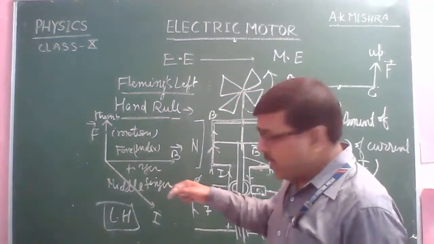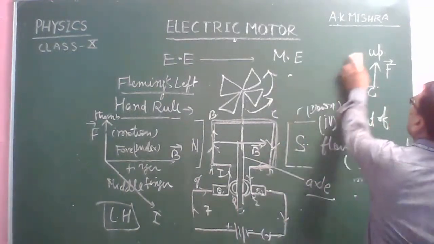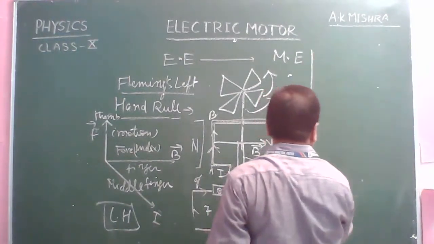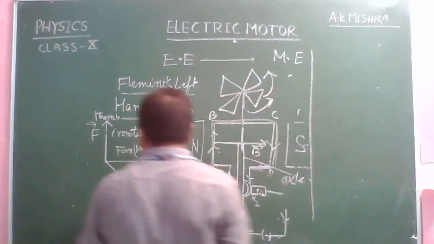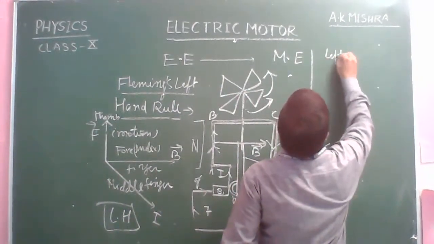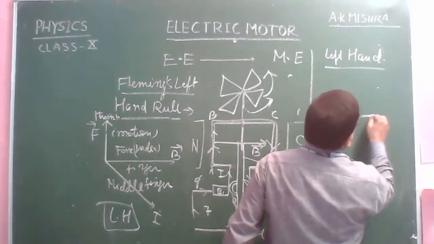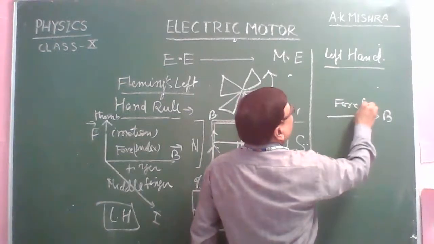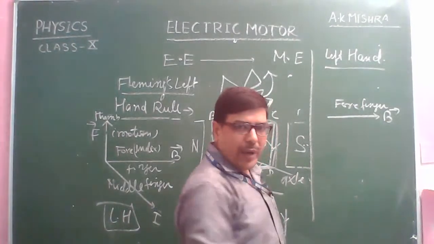How can you remember? To remember Fleming's rule is very simple. Here I'm writing the left hand rule. First, the forefinger: B is the direction of the magnetic field, the strength of the magnetic field.